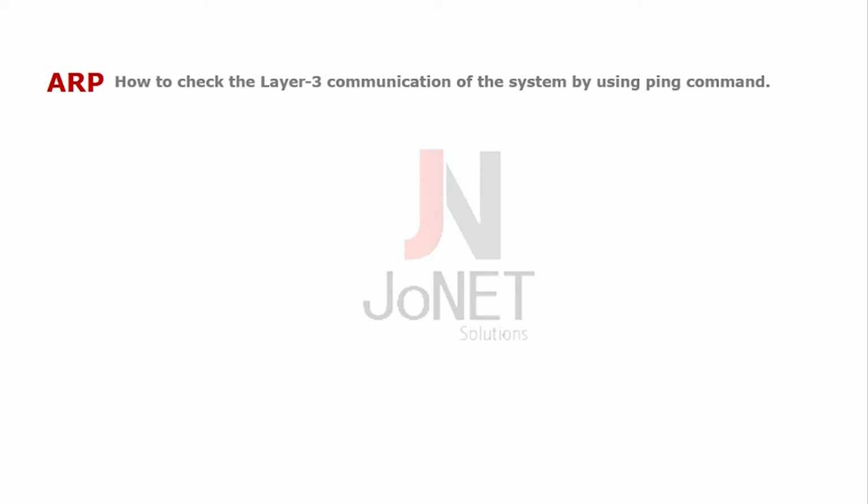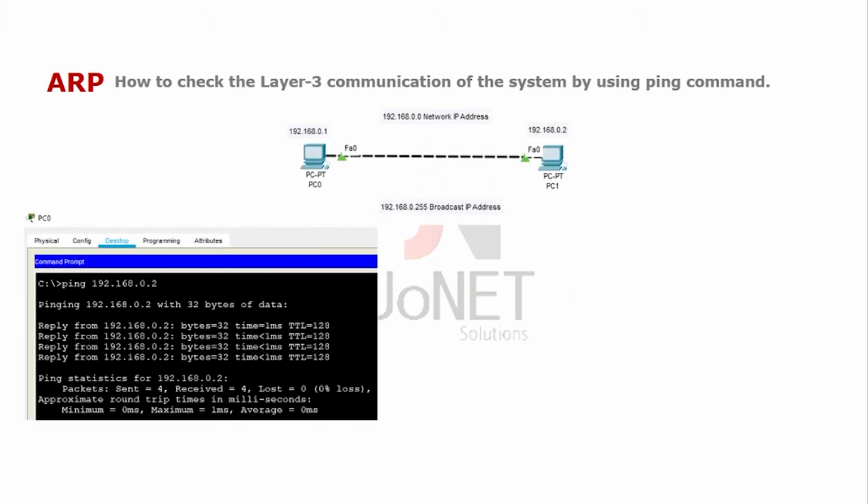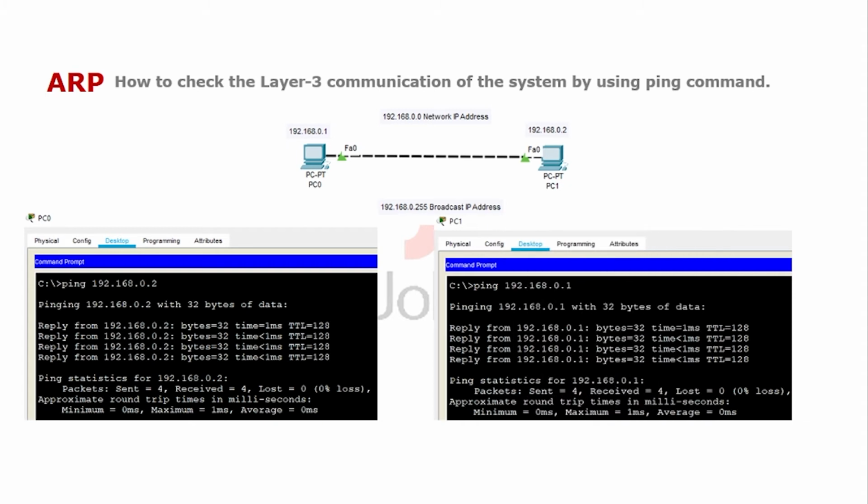Usually we use the ping command. In PC0, we will ping 192.168.0.2, the PC1 IP address. In PC1, we will ping 192.168.0.1, that is PC0's IP address. This is the layer 3 communication between the two systems.